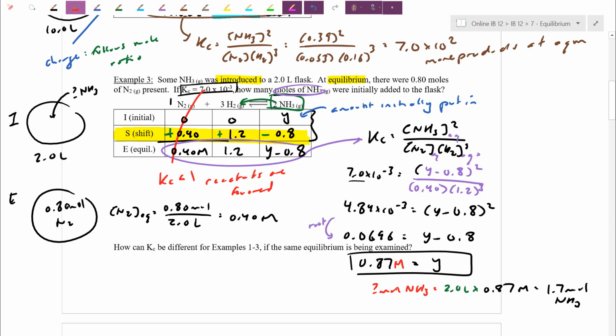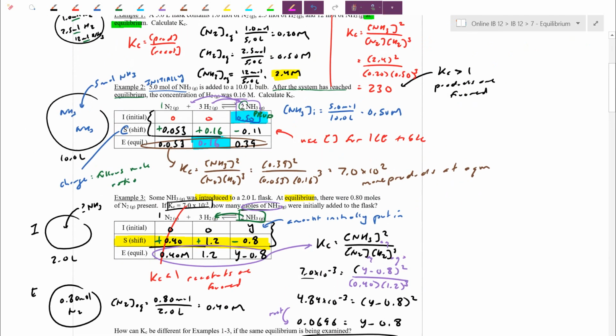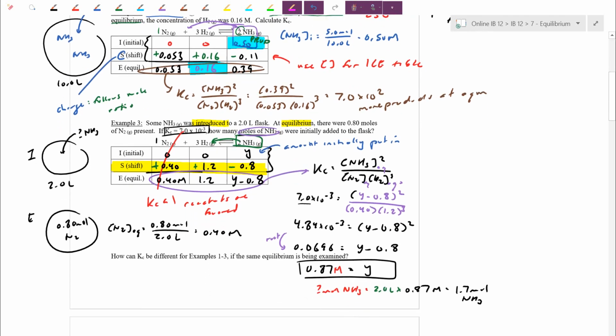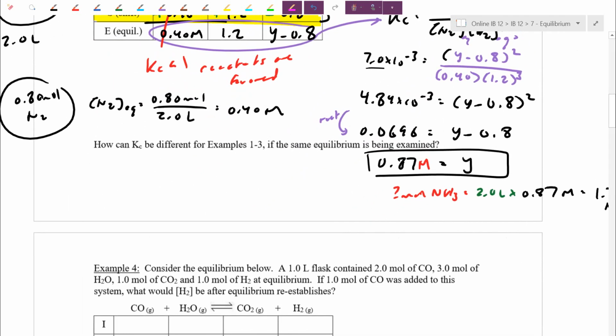How come the Kc's can be different in these 3 examples? Aren't we looking at exactly the same expression? What is the only factor that can change Kc? Remember, we did the derivation. Somewhere behind the scenes, Kc is this ratio of the rate constants divided by each other. The only way this could happen, they didn't specify, but we can say Kc's are different for different temperatures.